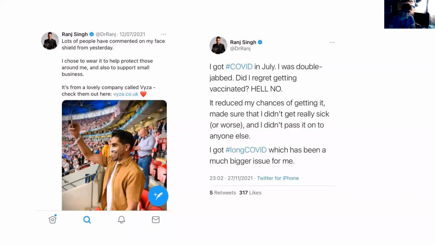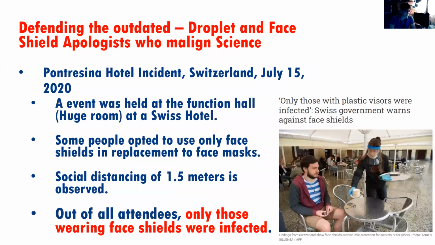So maybe this doctor believed in droplets, since he claimed that he's protecting people from the droplets he's supposedly emitting. When in fact COVID-19 is airborne, so there's no use in having those supposedly ballistic protections.